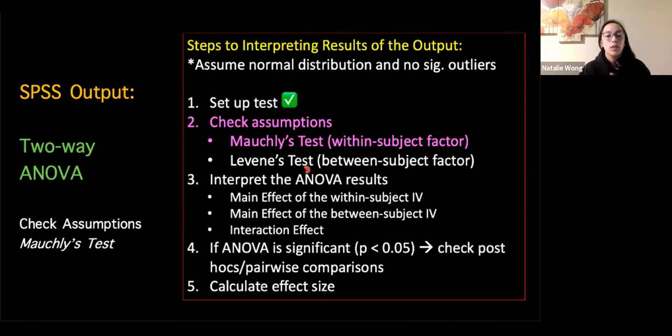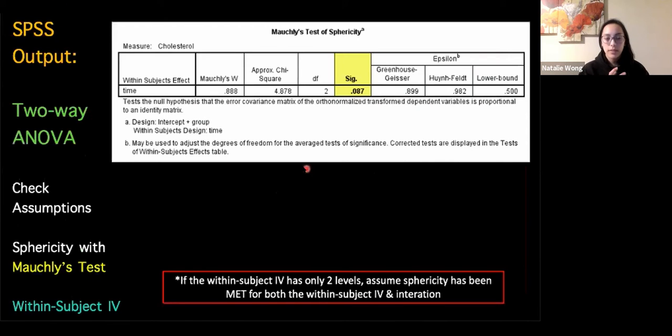But we're going to check Mauchly's test first. So our within subject factor was time. In Mauchly's test, we have our p-value listed. So the null hypothesis for sphericity is that the variances of the differences between the levels of time, or between all of our time points, are relatively equal.